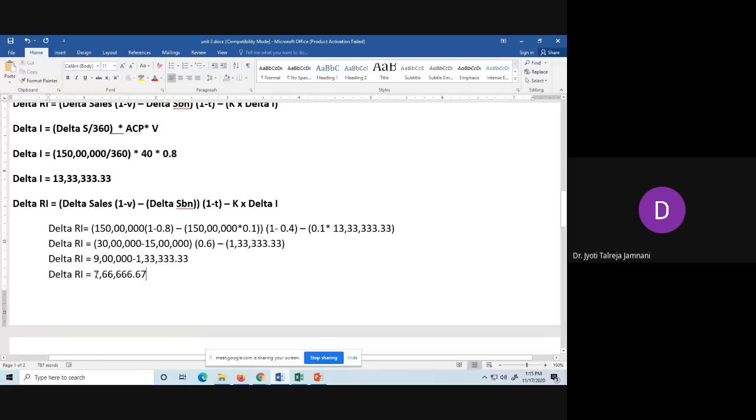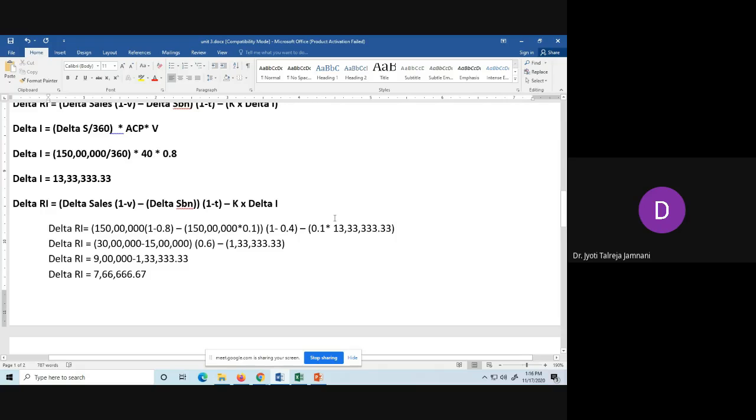But suppose this was negative, if I would have got minus 7 lakh, then I would have said the relaxing of credit period or credit standard is leading to a negative impact on the profit. So we should not give credit. In our case, it is having a positive impact and it is increasing the profit by 7,66,666. So we need to basically see it like this and solve.